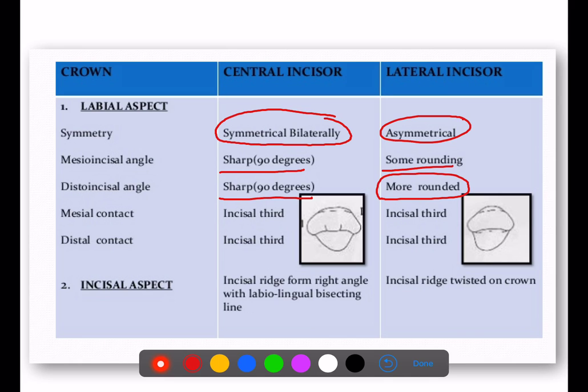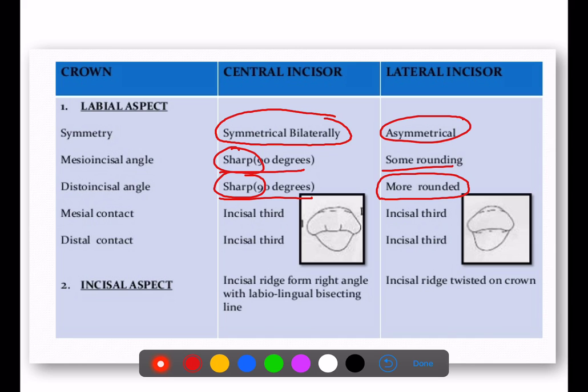These are the labial aspects. Both mesio-incisal and disto-incisal line angles are sharp in the mandibular central, whereas both are rounded in the lateral incisor, similar to the maxillary. In the maxillary central, I told you only the mesio-incisal line angle is sharp, whereas the disto-incisal line angle is rounded, whereas both are sharp in the mandibular central.